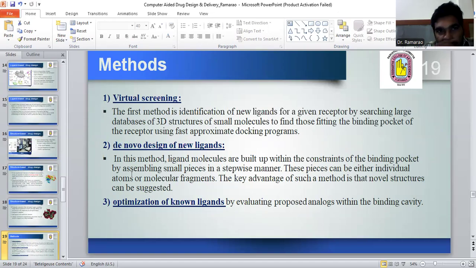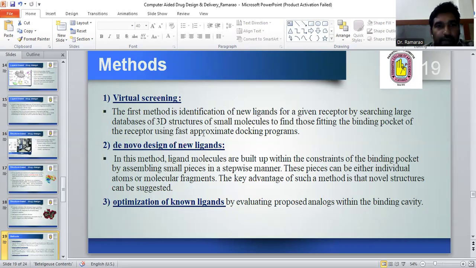Virtual screening is the first method, to identify the ligands for a given receptor by searching large databases of 3D structures of small molecules to find those fitting into the binding pocket of the receptor using fast approximate docking programs. Nowadays it is the most convenient tool to find the most favorable bioactive compounds with the help of information about the protein target or known active ligands.